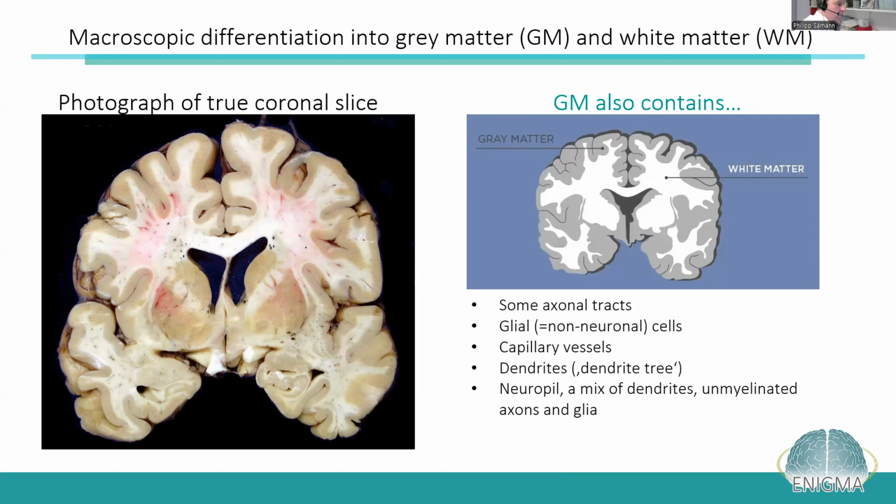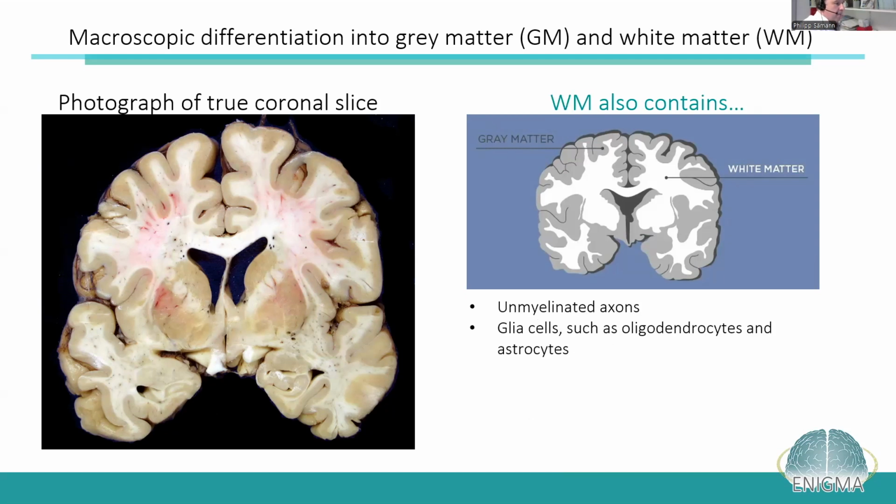There's also a term called neuropil that is defined as a mix of dendrites, unmyelinated axons, and glia. White matter also does not only contain the mentioned myelinated axons, but also unmyelinated axons and glial cells such as oligodendrocytes and astrocytes.